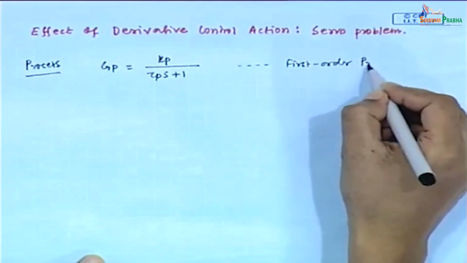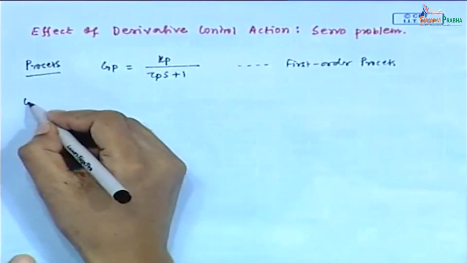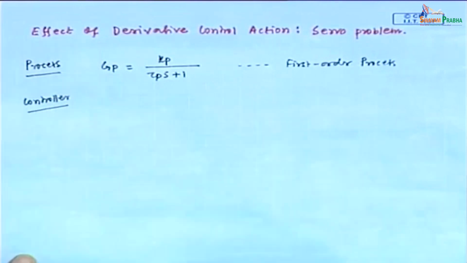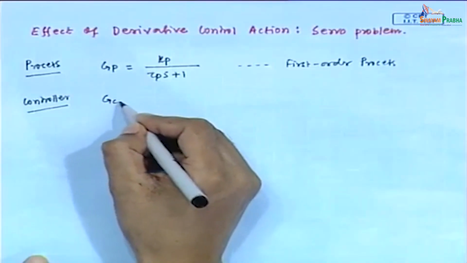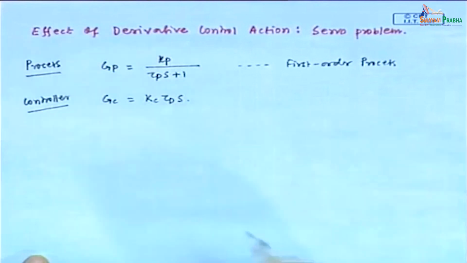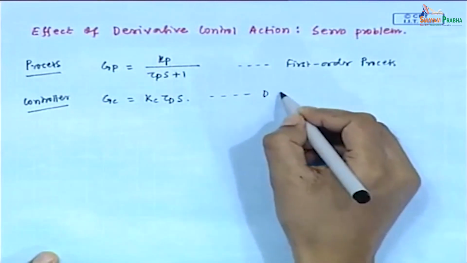Next element is the controller. Presently, we are discussing the effect of derivative action, so the controller is only derivative controller. What is the transfer function of derivative controller? Kc tau d s. This is derivative action.